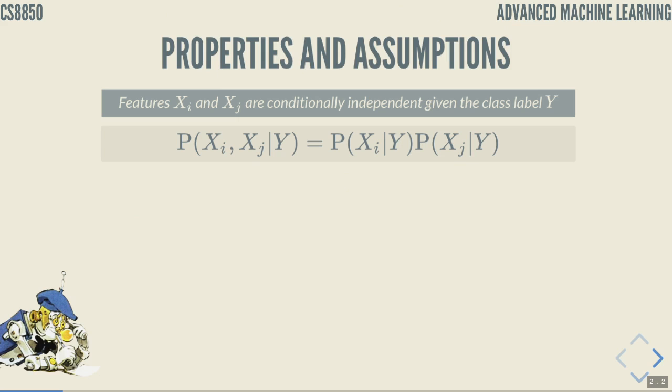For a two-feature example, not two-class, xi and xj, the joint conditional factors into the marginal conditionals. So features are conditionally independent.